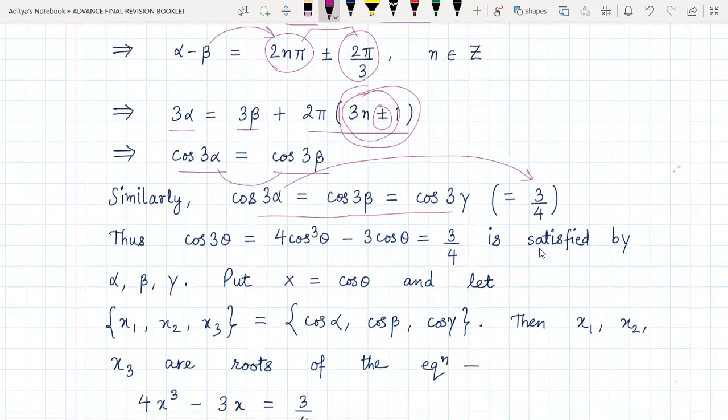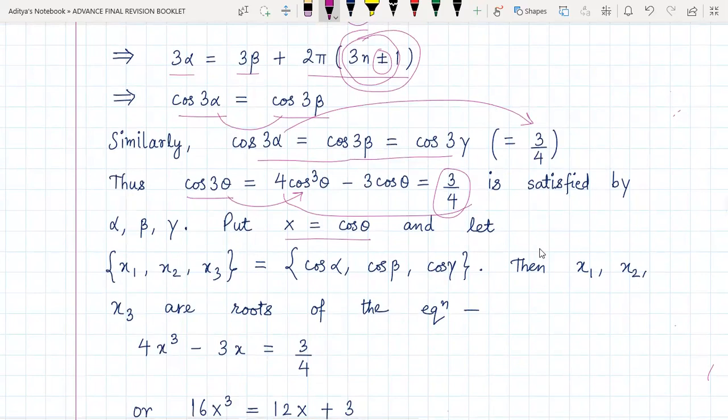So what we can say is that cos 3 theta equal to 3 by 4 will be satisfied by alpha, beta and gamma. And cos 3 theta I can also write as 4 cos cube theta minus 3 cos theta. Now in this equation, if we substitute x equal to cos theta, basically this equation has roots alpha, beta, gamma for theta, so its roots will become cos alpha, cos beta, cos gamma.